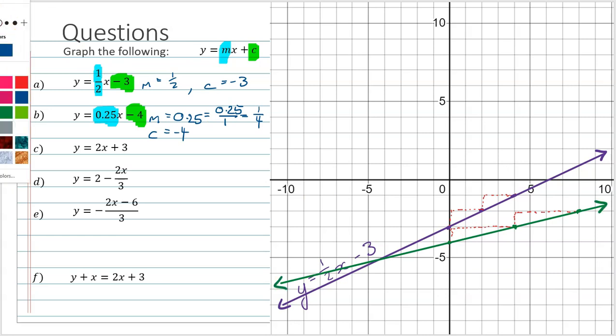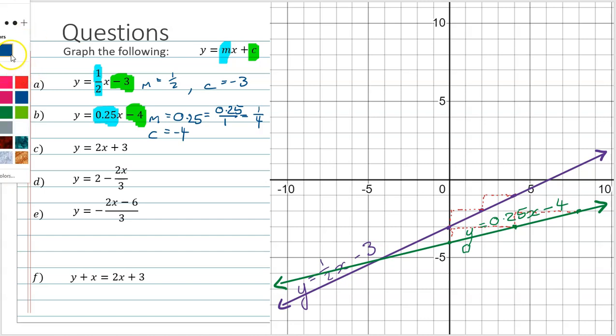Arrowheads, and then I'm going to annotate. So this is y equals 0.25x minus 4.